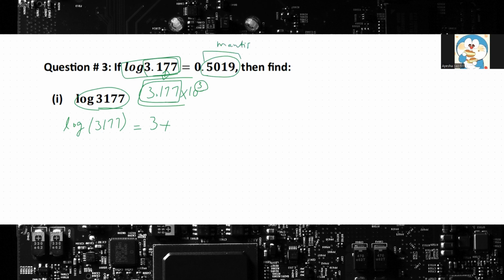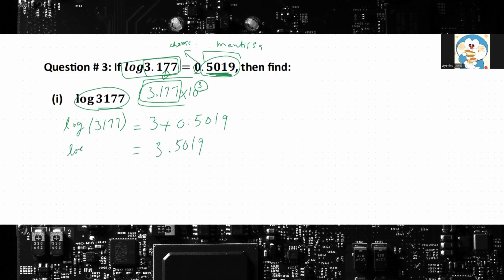And जो point के left side पे नंबर होता है, that is your characteristic. So both numbers are same, so I can use this given mantissa over here also. So I'll write directly the mantissa, which is 0.5019, and simply by adding these two numbers we'll get 3.5019, the log of 3177, right?